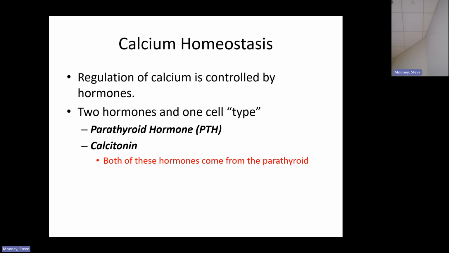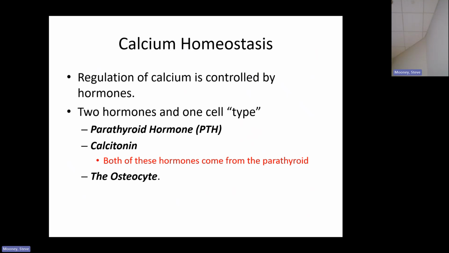Does anybody know where the parathyroid is? Got one on each side of your windpipe. So the parathyroid senses the calcium levels in your blood and decides which hormone to release depending on what we need. Those two hormones will go to the osteocyte.